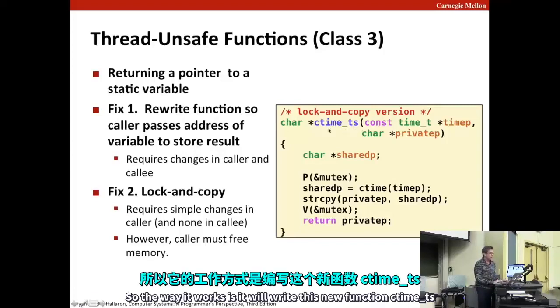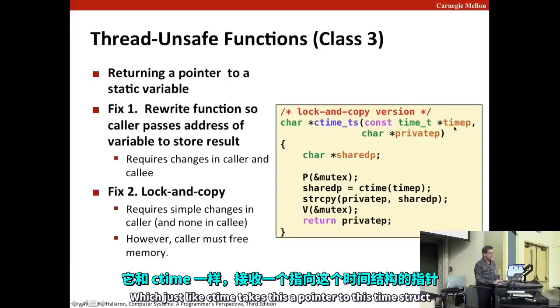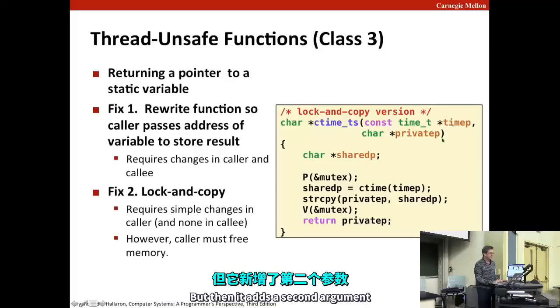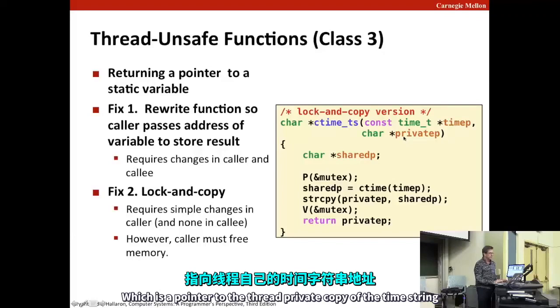So the way it works is that we'll write this new function, ctime_ts, which, just like ctime, takes a pointer to this time struct, but then it adds a second argument, which is a pointer to the thread's private copy of the time string.